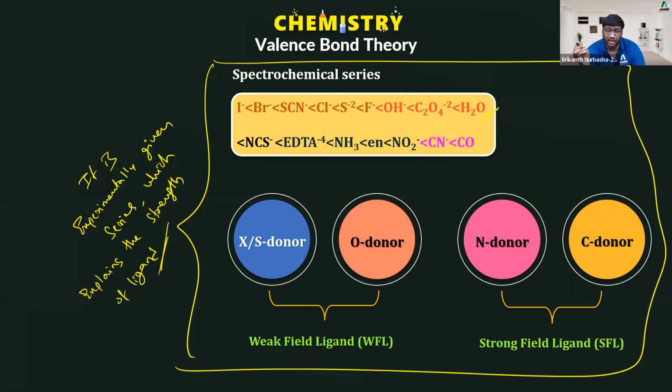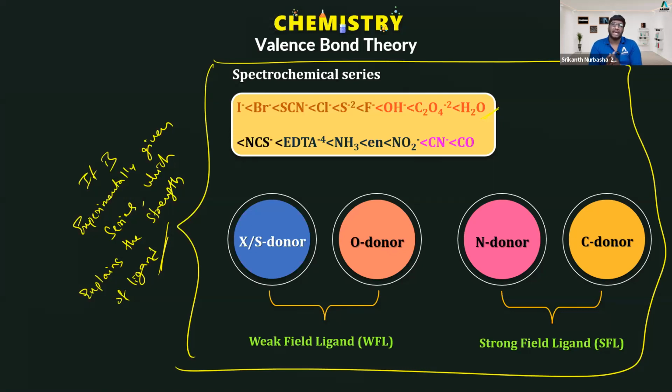In the valence bond theory, the type of hybrid orbitals available is actually determined by the ligand. If you have a strong field ligand, it can pair the inner d electrons and make the inner d orbitals available for the hybridization. If it is a weak field ligand, it cannot pair the inner d electrons and cannot make the inner d orbitals available.